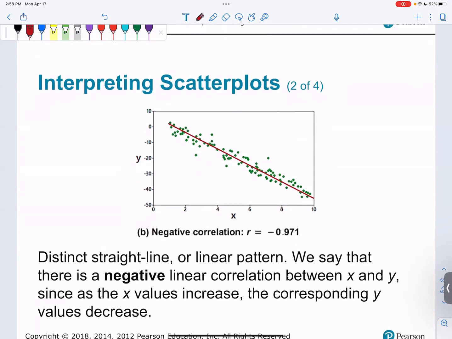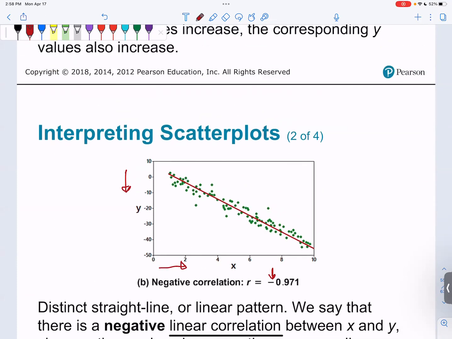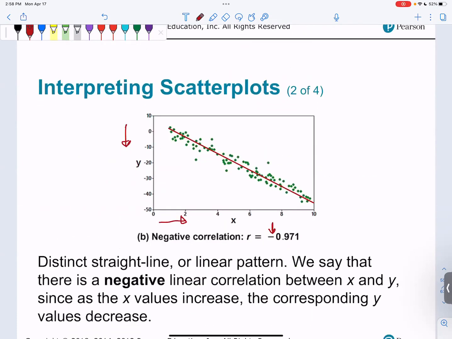Okay. So now for this one, we can represent it using a straight line, maybe like this. For sure, the form is linear. The direction is, as one variable increases, the other one will decrease. Then this is negative, from the sign here. And if you look at the dots, they are closer to the straight line in this one, so for sure this R will be greater, almost equal to 1, 0.971, which is a very strong correlation between those two variables.